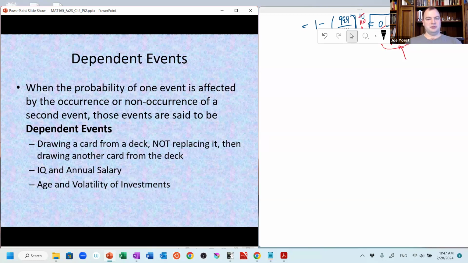So some examples of dependent events, maybe drawing a card from a deck, not replacing it, then drawing another card. The first draw, maybe I drew the King of Hearts. If I don't replace it, I cannot draw the King of Hearts from the deck again.